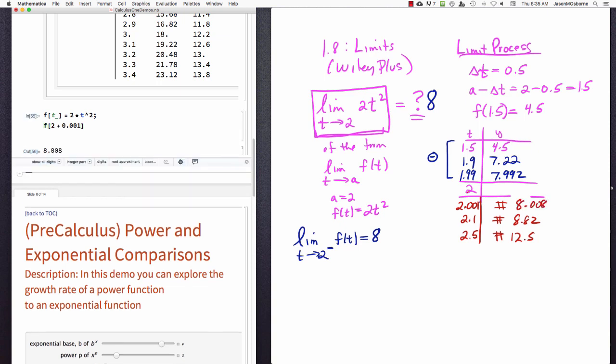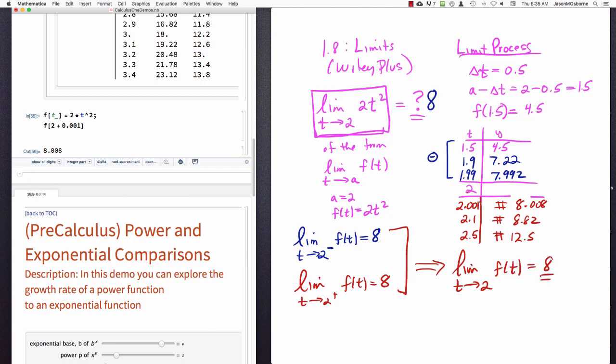8.008. And so we can see that the limit as t goes to 2 from the right of this function is equal to 8 also. Because those two limits are the same, we're going to say that the limit as t goes to 2 of this function is also equal to 8.